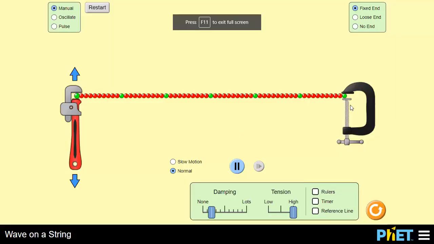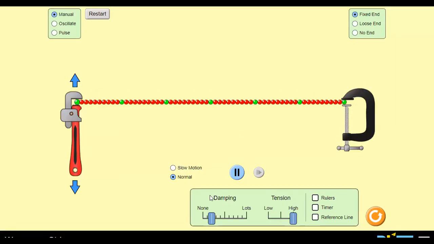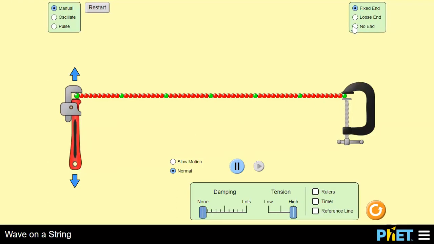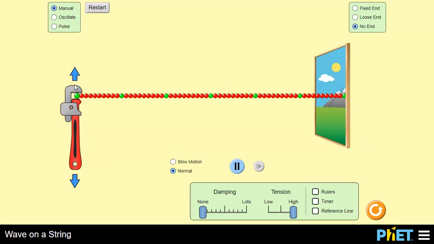So let's say you're over here on the left. Here's your little string. We can move this up or down.